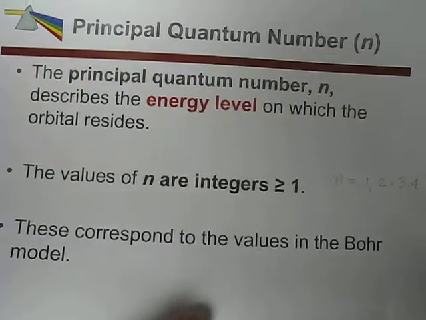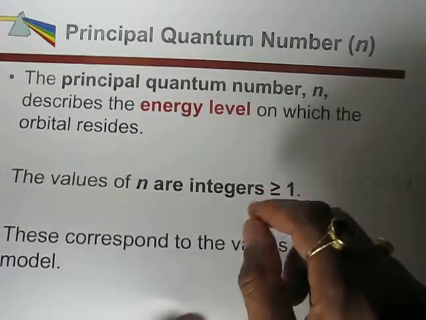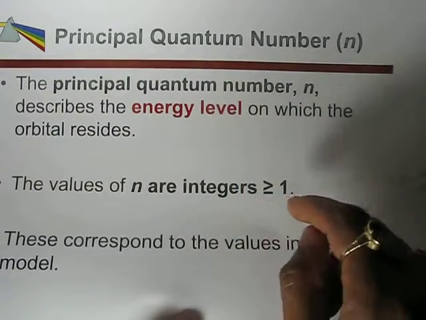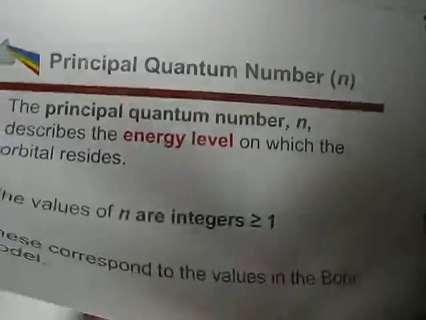So basically small n is the energy level, which is called a quantum number, and you have to remember that small n starts from 1, 2, 3, 4.